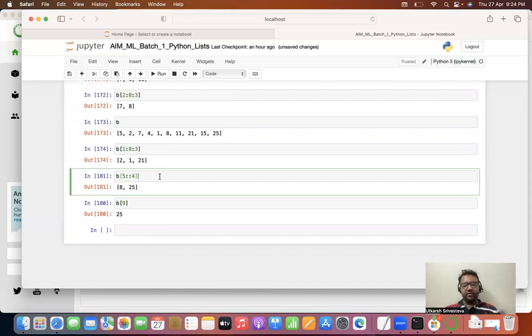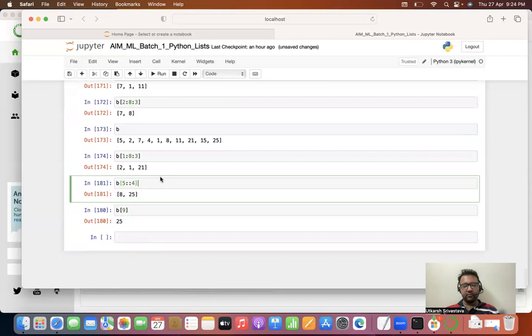Any other doubts? Let's say I need to take from the middle element of the list and do slicing and dicing either left side from there or right side from there. Is it possible to do like that?